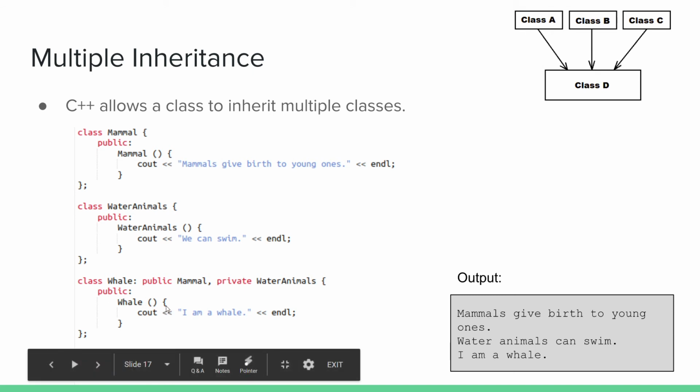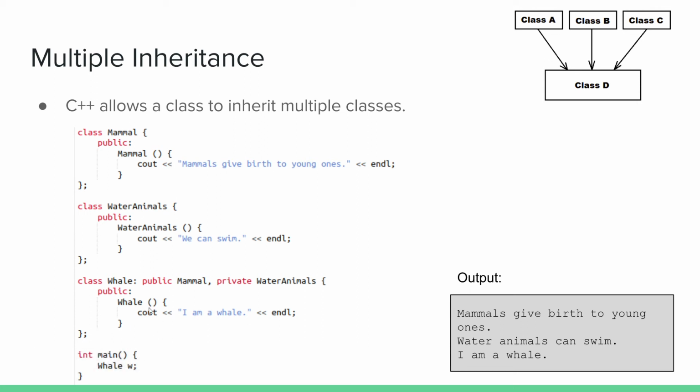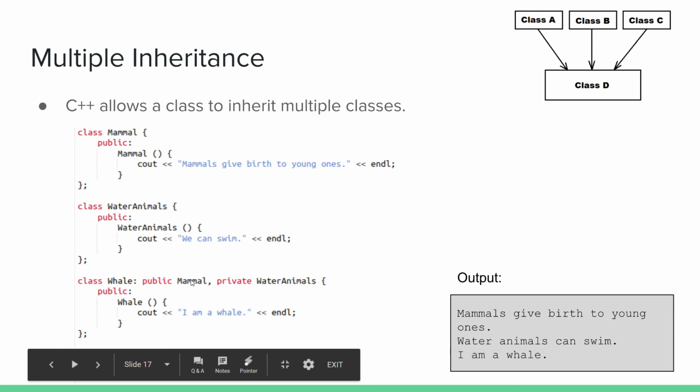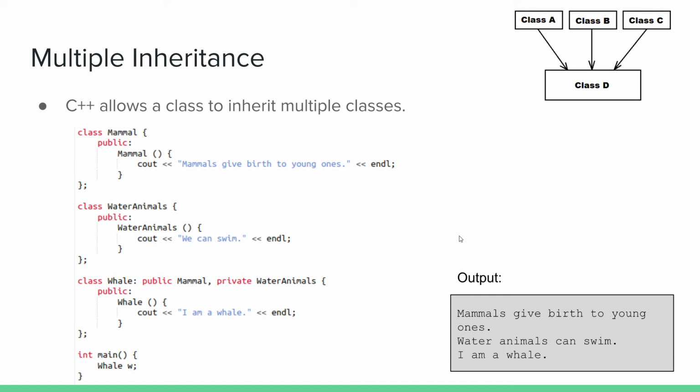So when I create this object, how it works is the constructor of mammal is called first, then the constructor of water animals, and then finally the constructor of whale. When I create an object of whale, this is how it will print out all the three of them. Hence proving that multiple inheritance is allowed in C++.